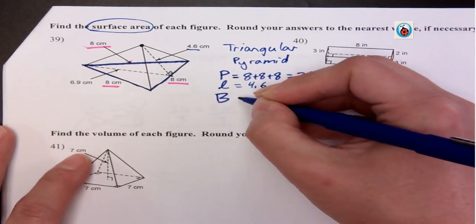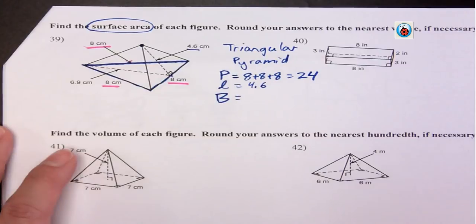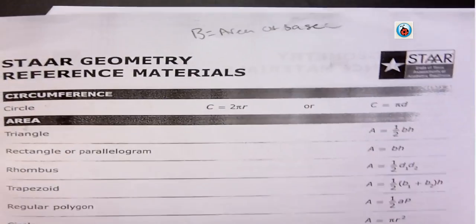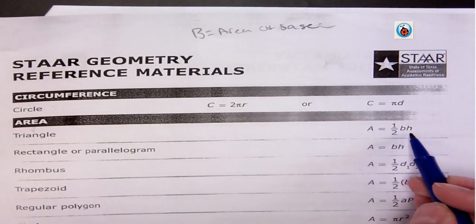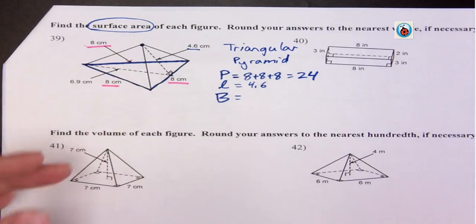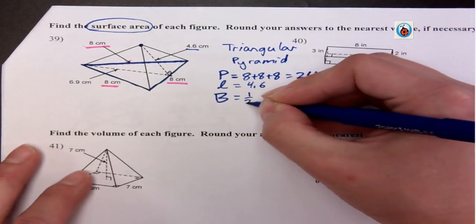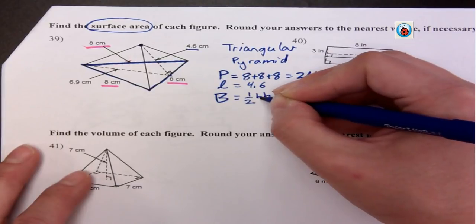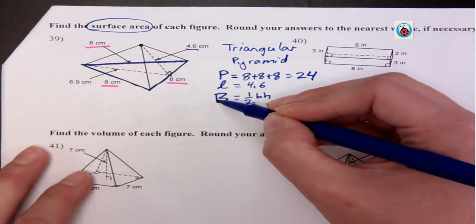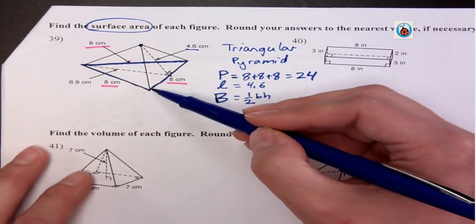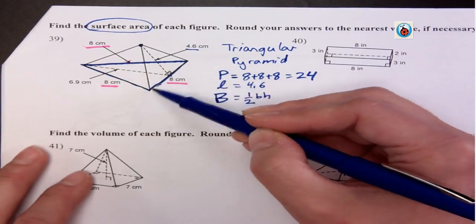And then the area of the base is a triangle. So area of the base has to be 1/2 base times height. And this is a little b because it means the base of this triangle.